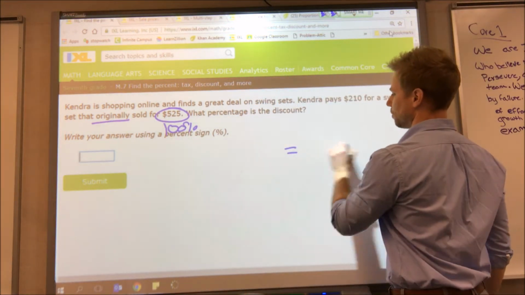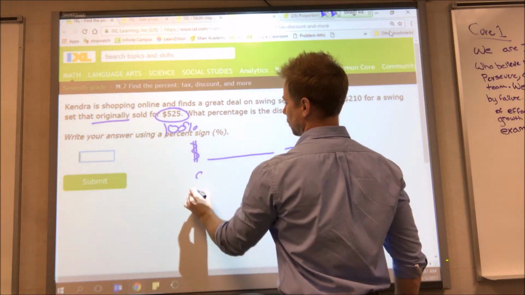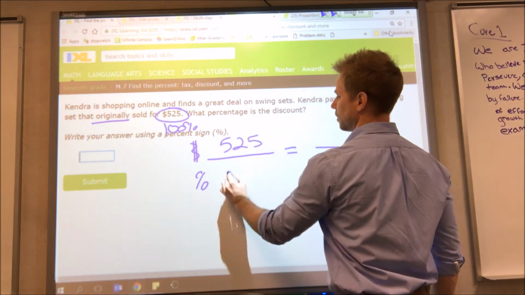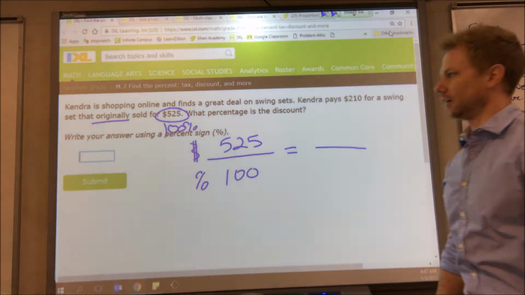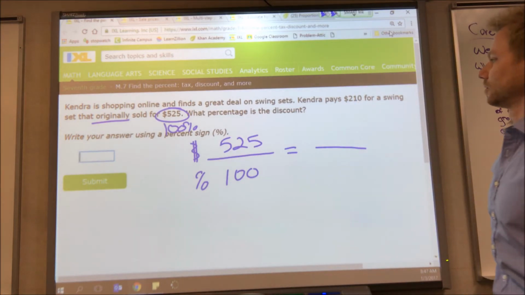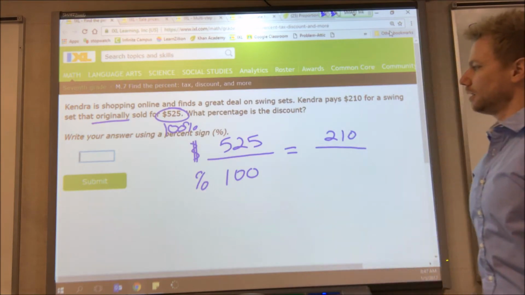Okay, let's set up our proportion. Again, we have money and percent. So $525 is the original cost, 100%. Kendra pays $210. So we put 210 on top with the money.